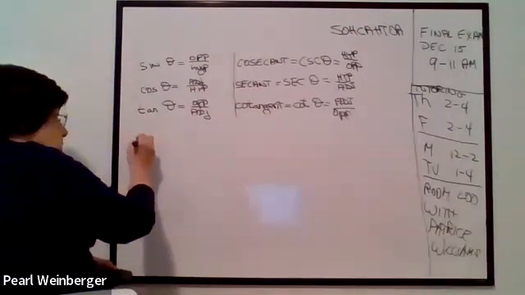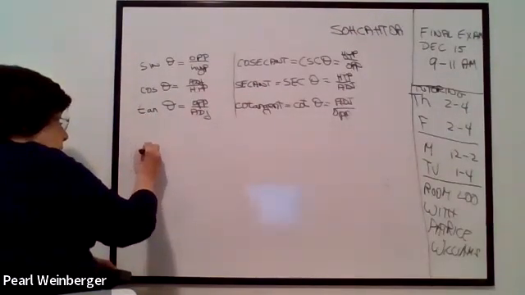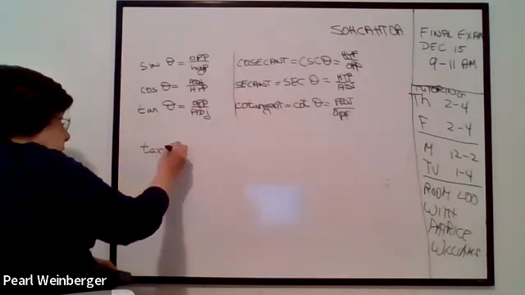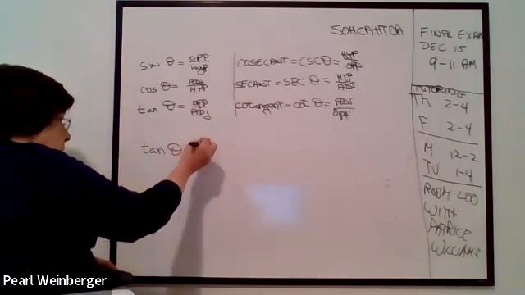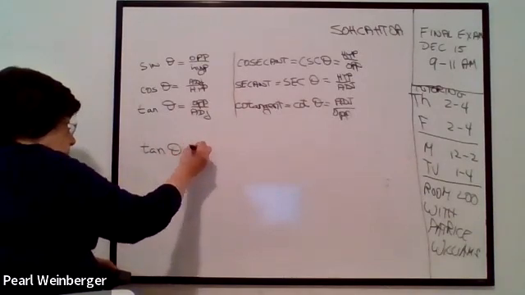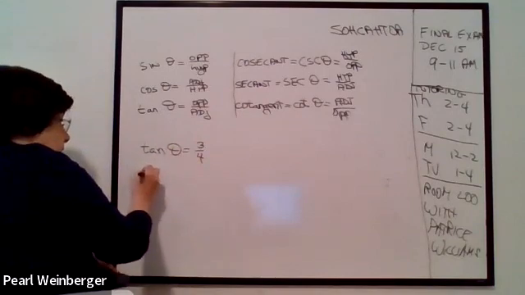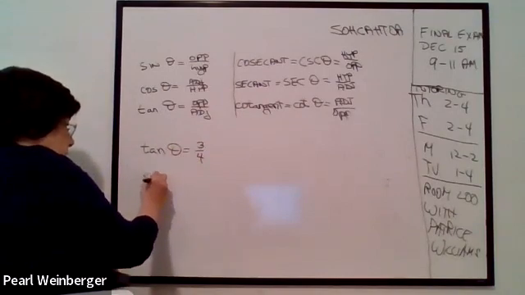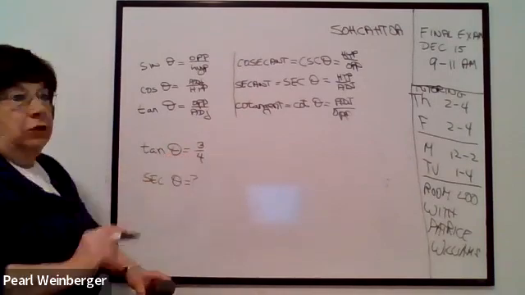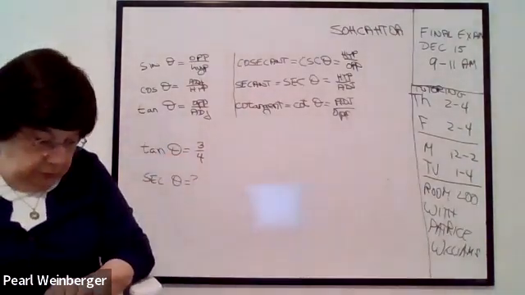Suppose I give you that the tangent of theta is 3 over 4, and I ask you to find the secant of theta. Okay, I'm giving you a few minutes to try that.